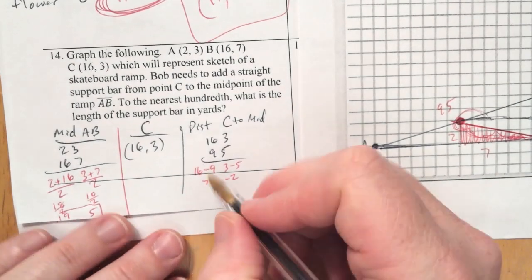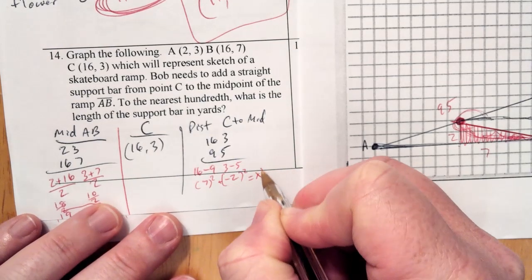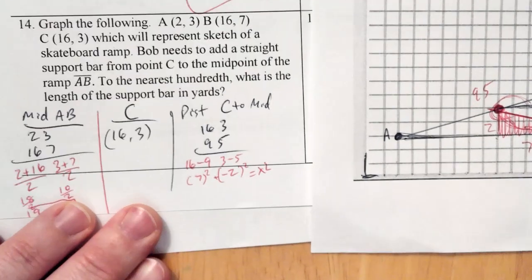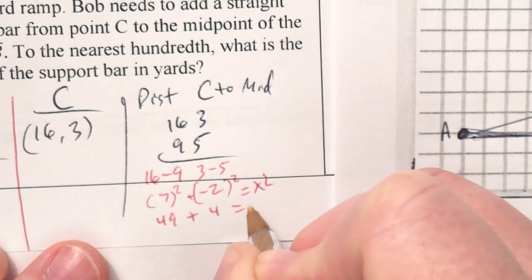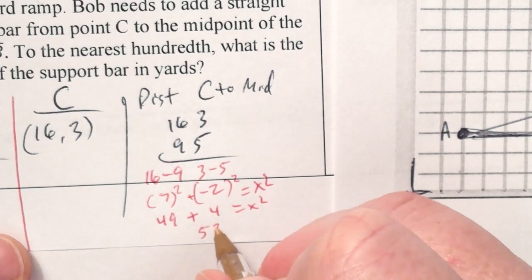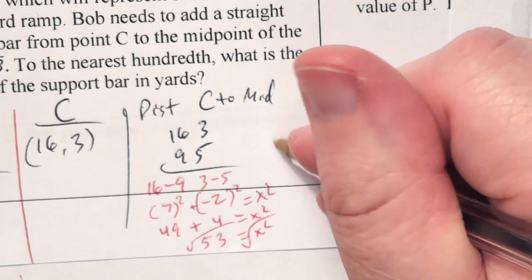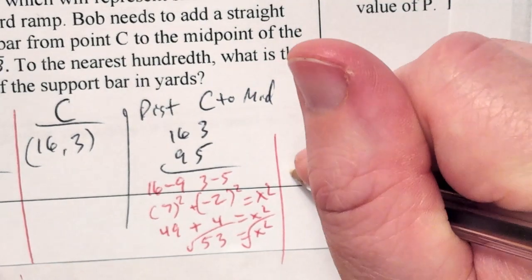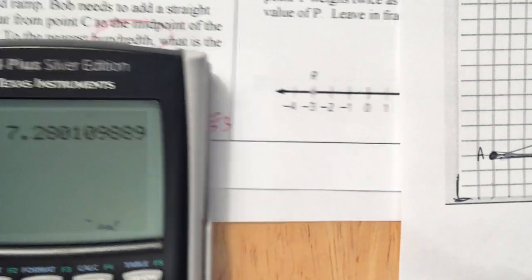Now we do the Pythagorean theorem. 7 squared is 49, plus negative 2 squared, which is 4. 49 plus 4 is 53, equals x squared. Then I square root both sides, so the answer is the square root of 53. They said to give it to the nearest hundredth, so when you put the square root of 53 in your calculator, you get this number right here.